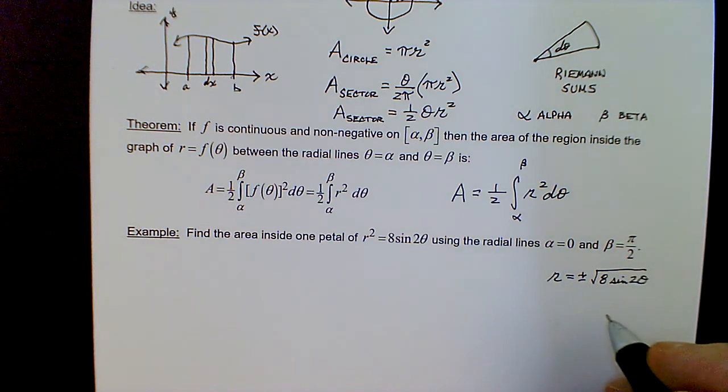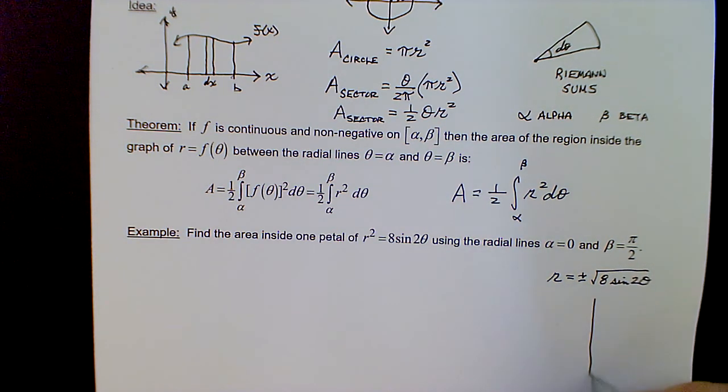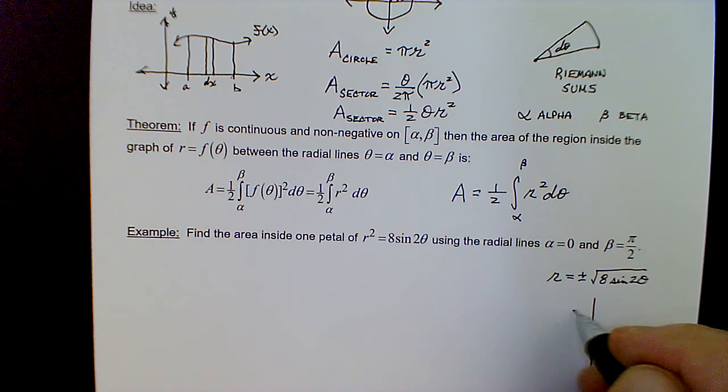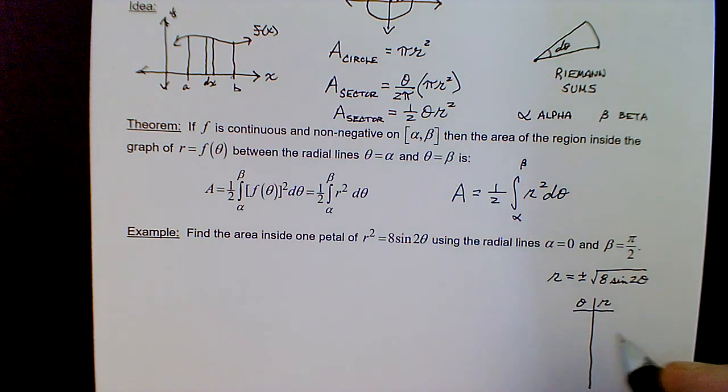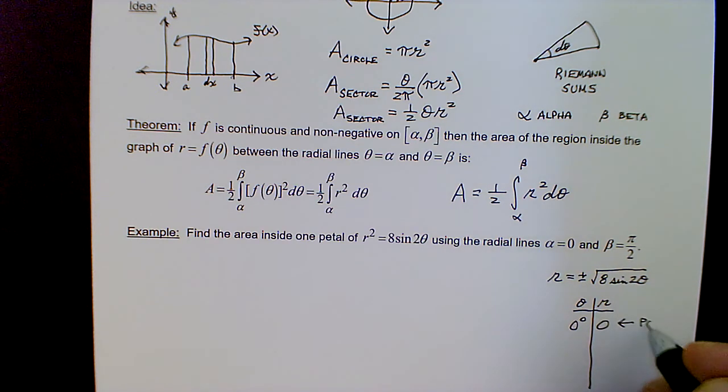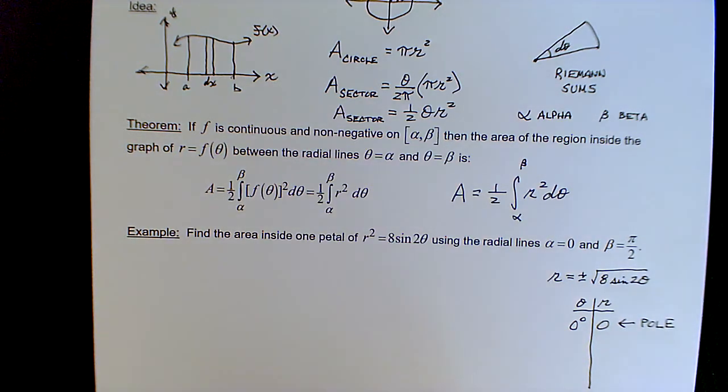You don't need to do this, but I'm just showing you. And then you would actually have to find the poles, maybe by creating a table of ordered pairs. For example, if you plug in 0 degrees, you actually get 0. And that's a pole, analogous to an x-intercept.